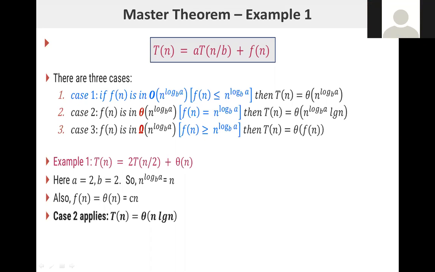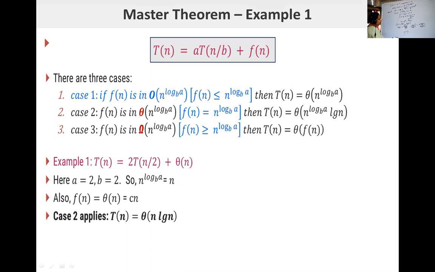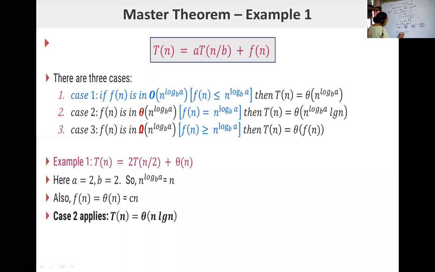Now we cancel log 2 by log 2. So what will we get for this value? N square, because it is n power log 4 base 2. So the answer is n square. So Pn would be equal to theta of n square.